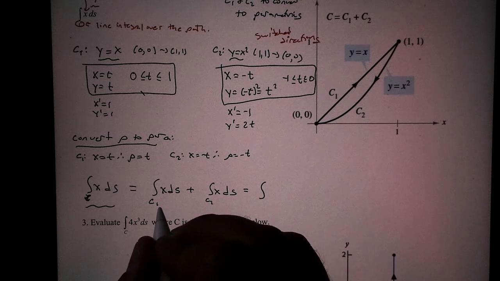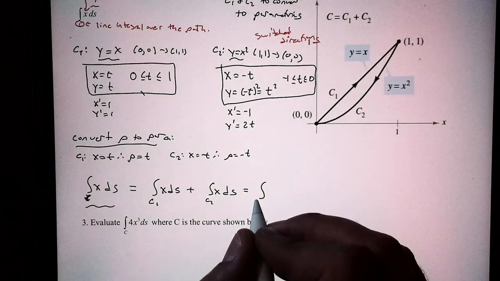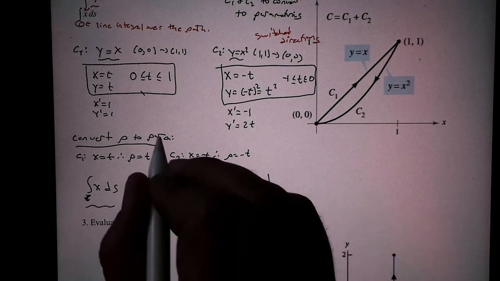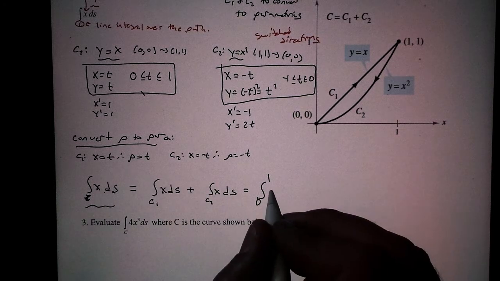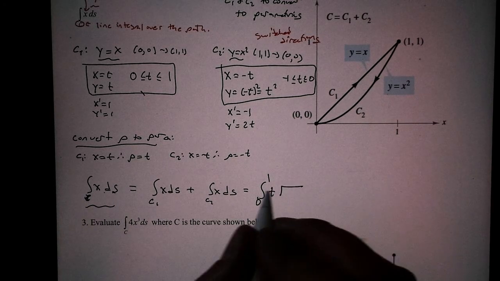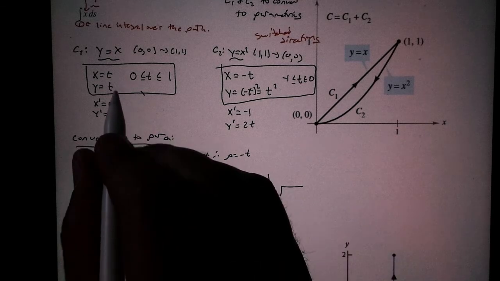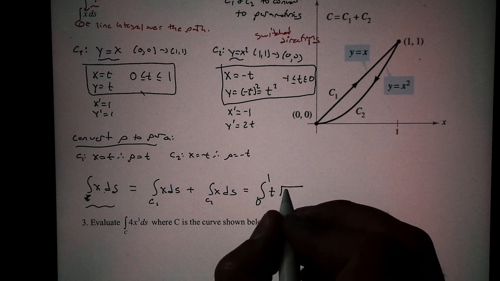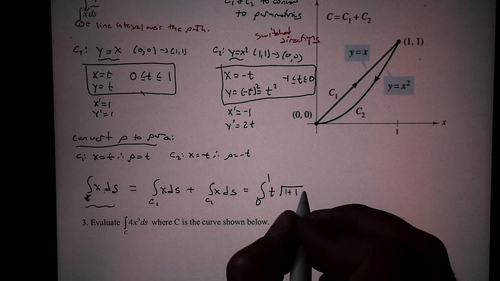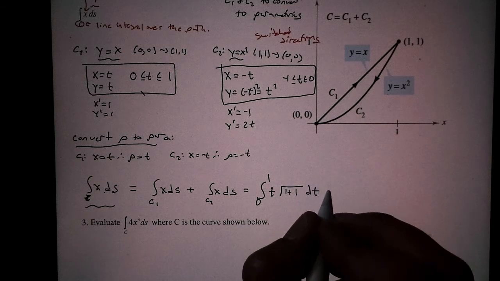So the first path starts at 0, ends at 1. My rho, my x, is just t, times, remember my rule, the square root of x prime of t squared, which is 1, plus y prime of t squared, which is 1, dt.